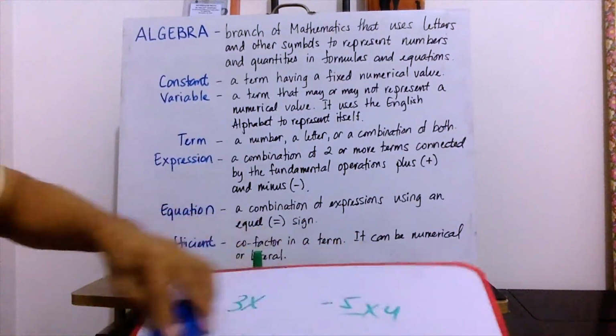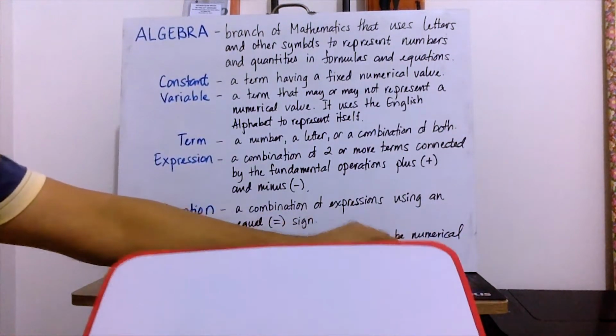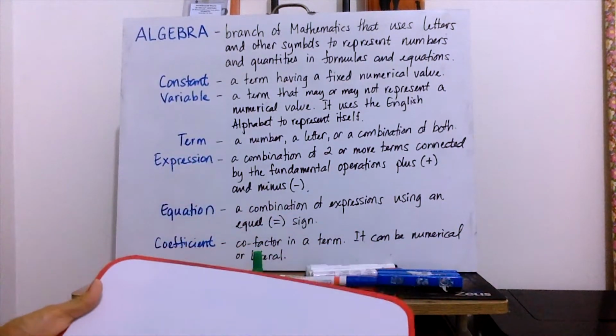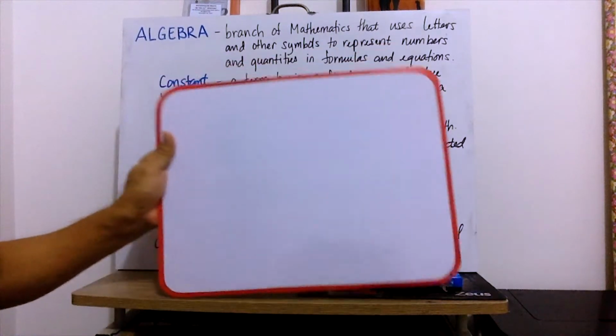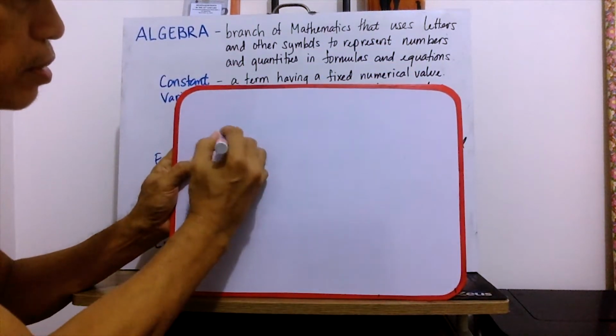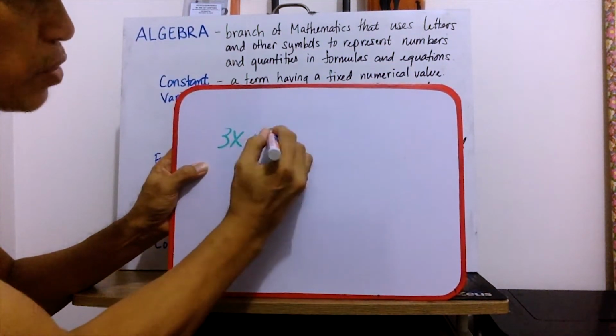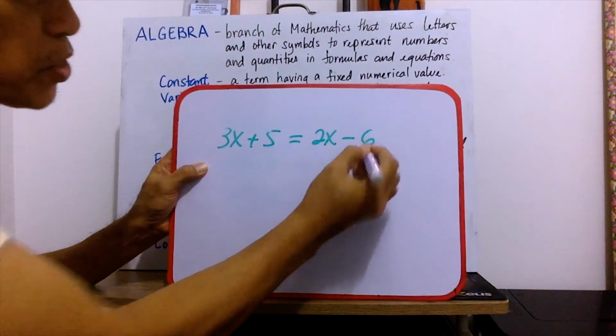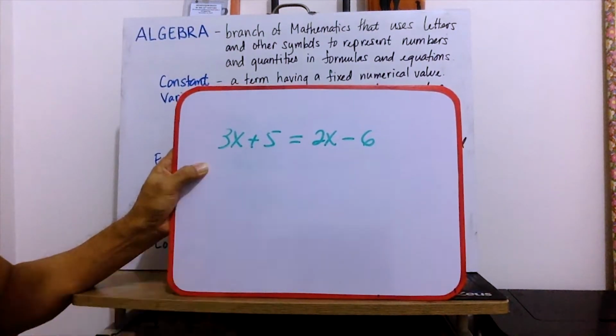What's an equation? An equation is a combination of expressions using an equal sign. If I write 3x plus 5 equals 2x minus 6, both of these are expressions.